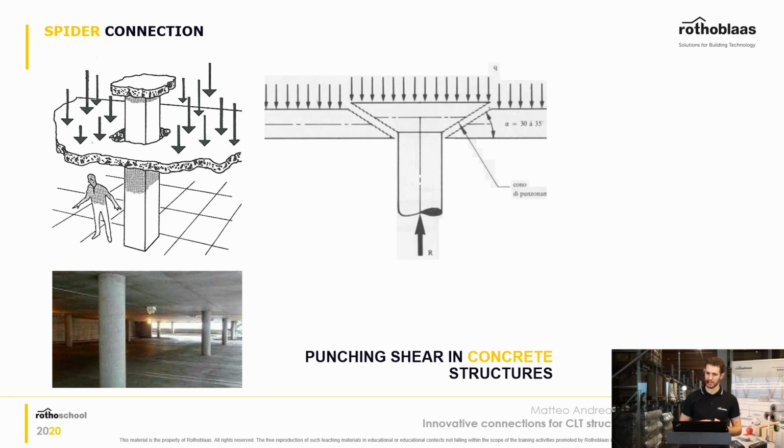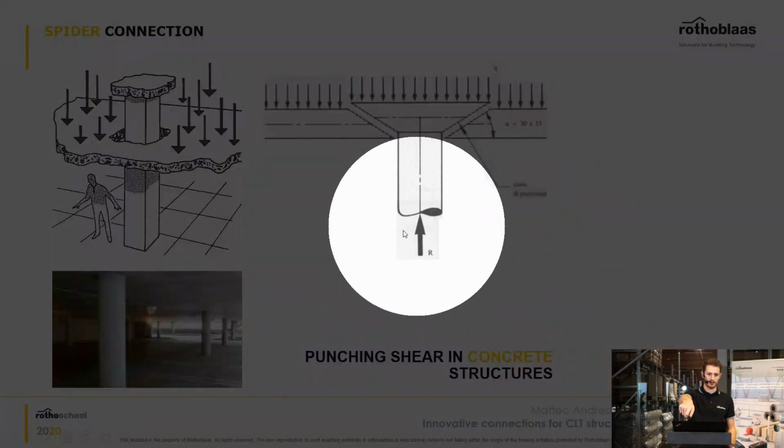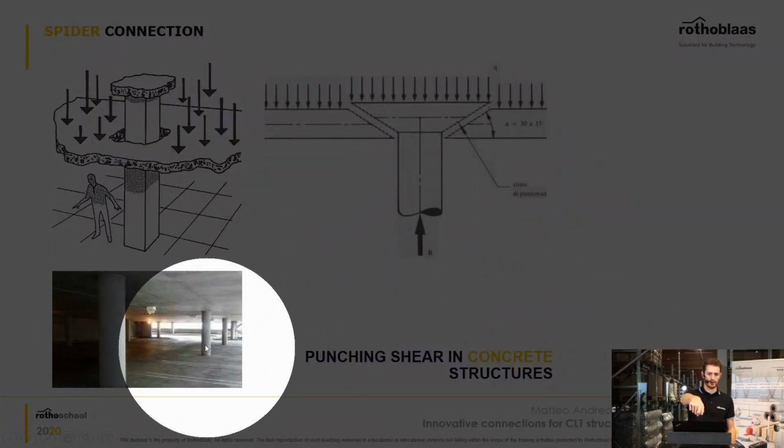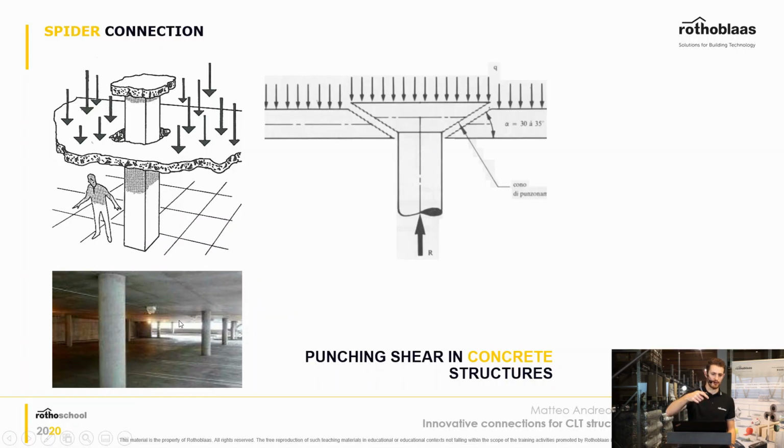It's very common to have concrete buildings where you have a continuous concrete slab which is supported by pillars, by columns, without having, you know, a secondary structure made of beams and stuff. Basically like the one that you can see here in the corner, without any beams and nothing else.